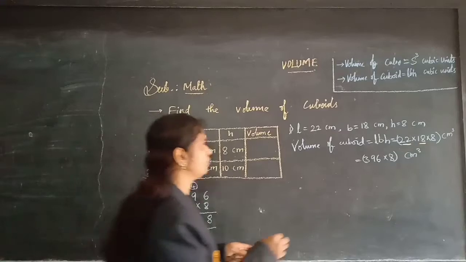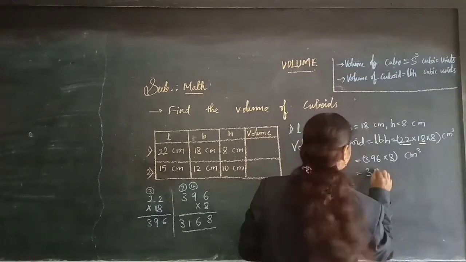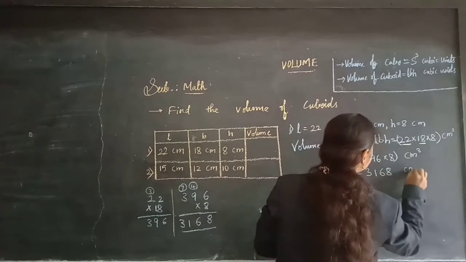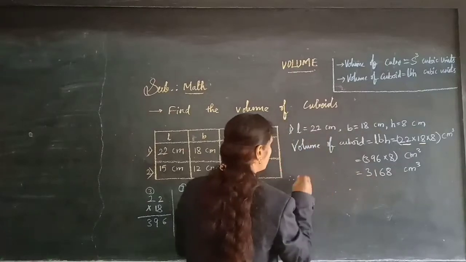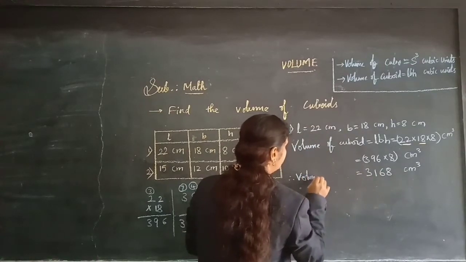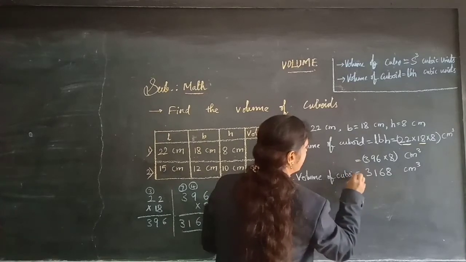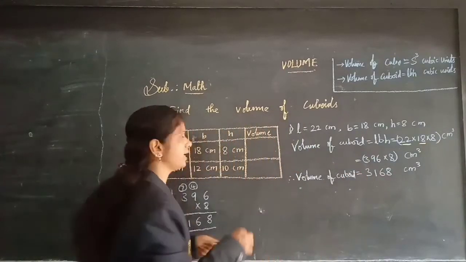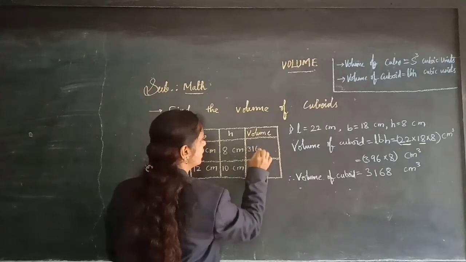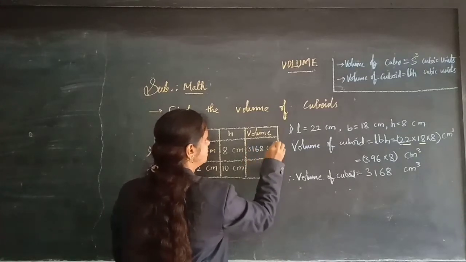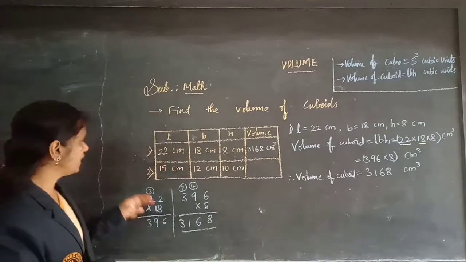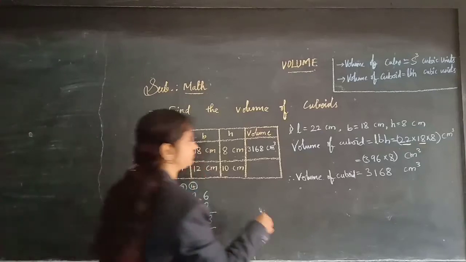So what I got here is 3168 centimeter cube. It means the volume of the first cuboid given in the table is 3168 centimeter cube.